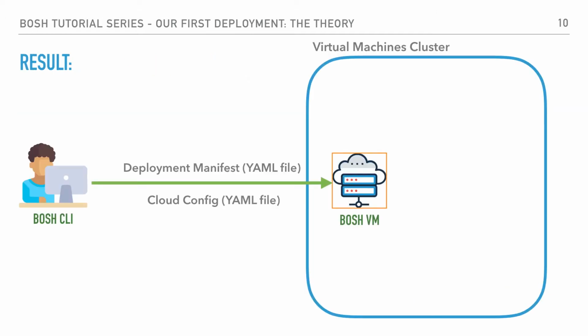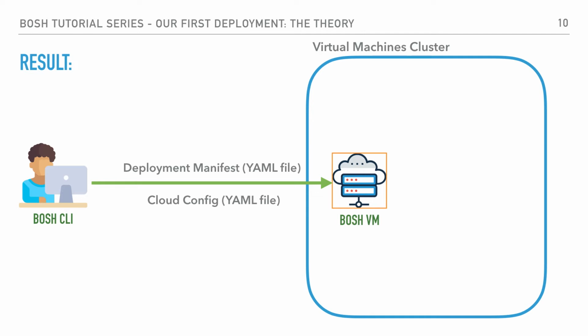Now, let's say we have those 2 YAML files, the cloud config and the deployment manifest. What do we do with them? This is where the first step of a deployment starts. We will be providing those 2 files in separate ways through the BOSH CLI to the BOSH VM to tell the BOSH VM what to do.